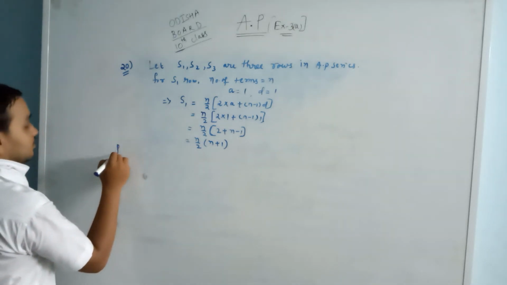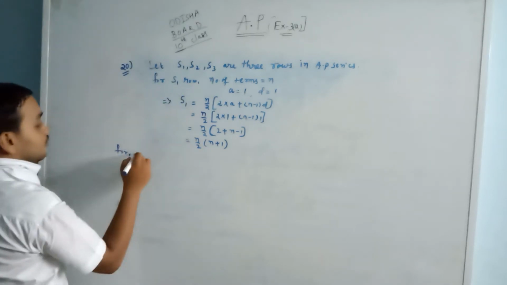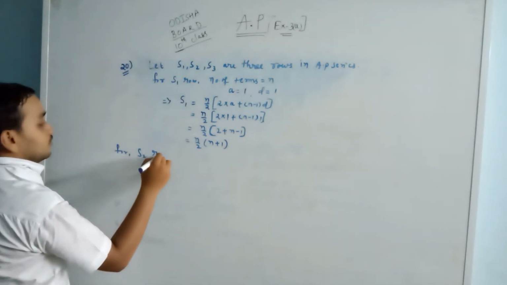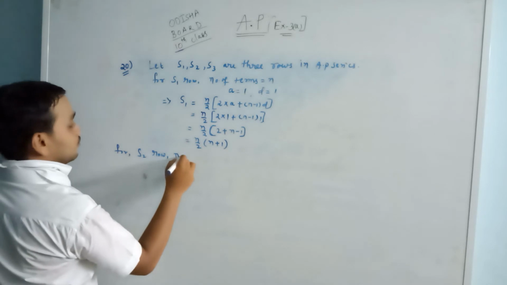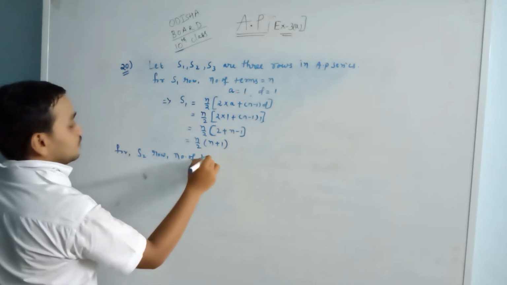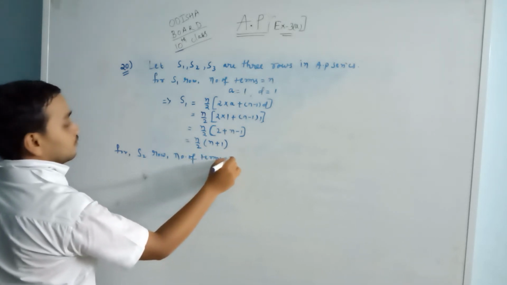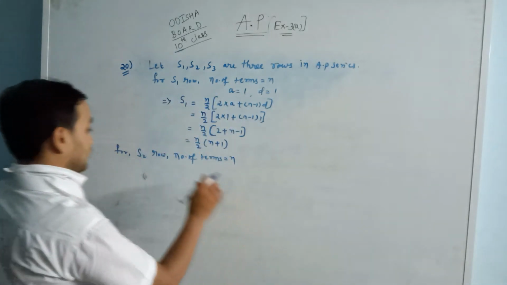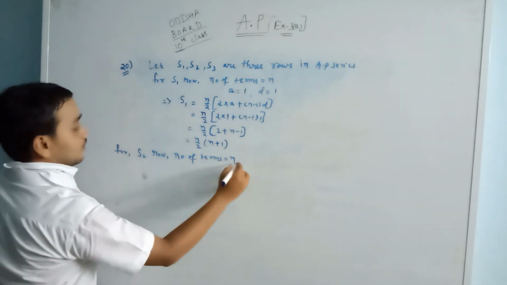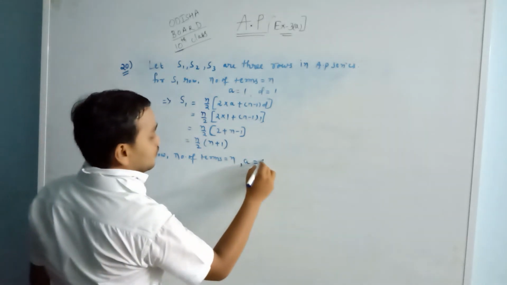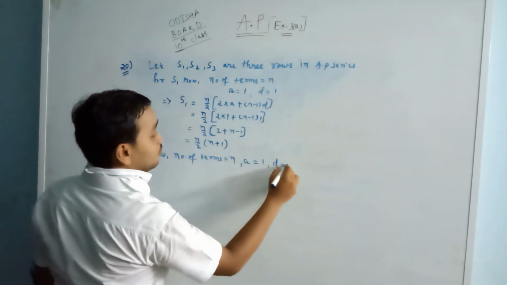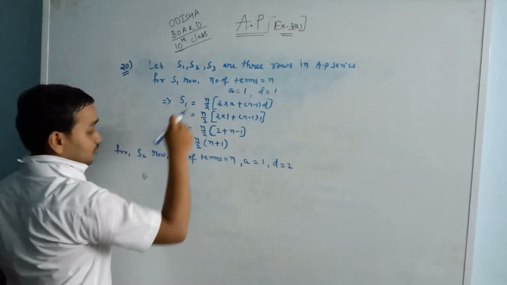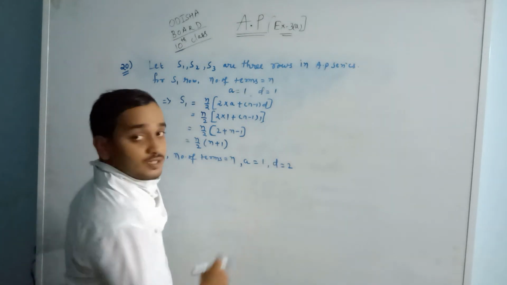once again for the S2 row, the number of terms is the same, the number of terms is equal for every row. A is equal to 1 and D is equal to 2, because for row 2, S2, the common difference is 2.